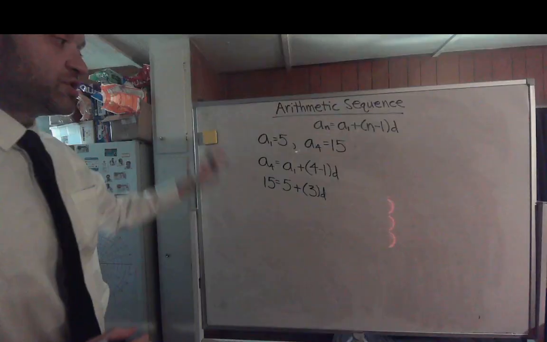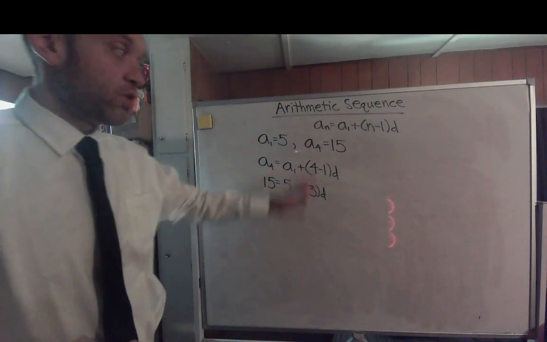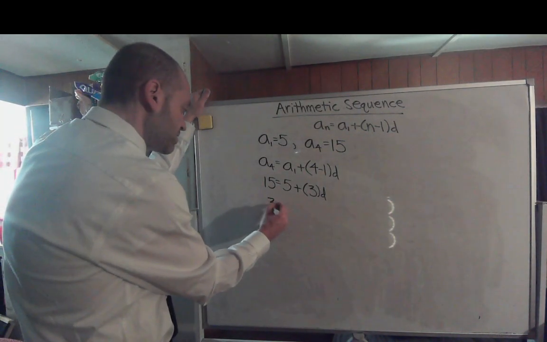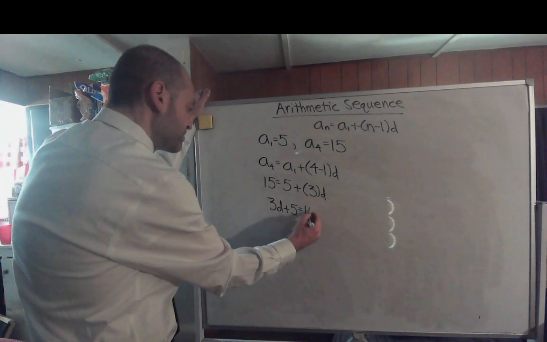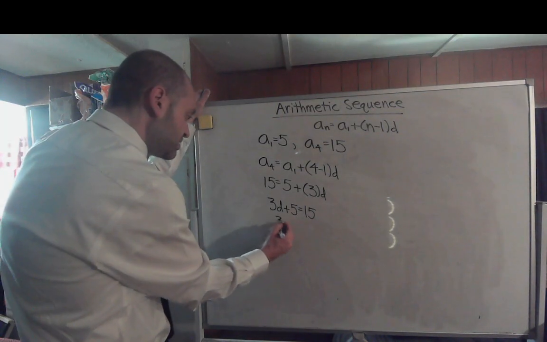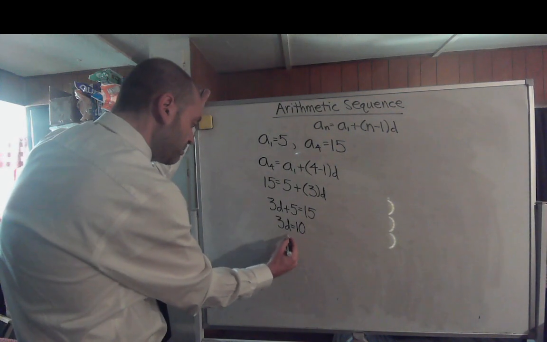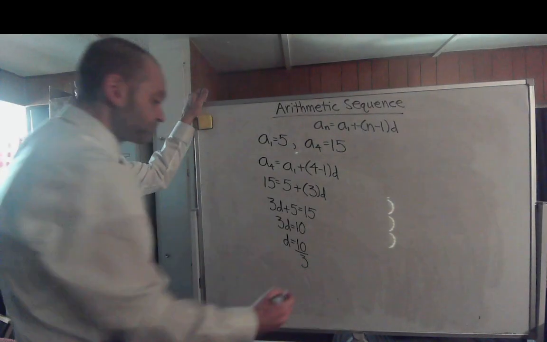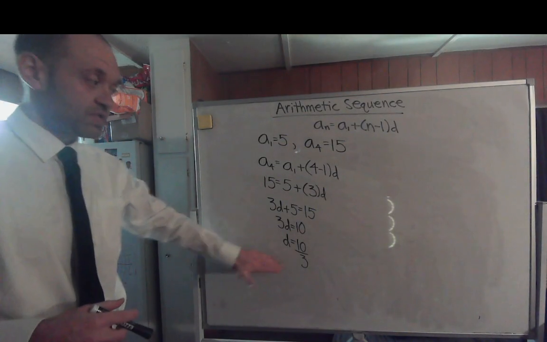All I need to do now is solve for my common difference, and then I can get a general formula for the arithmetic term of the sequence. So this would turn into 3d plus 5 equals 15. So 3d equals 10. My common difference is 10/3.